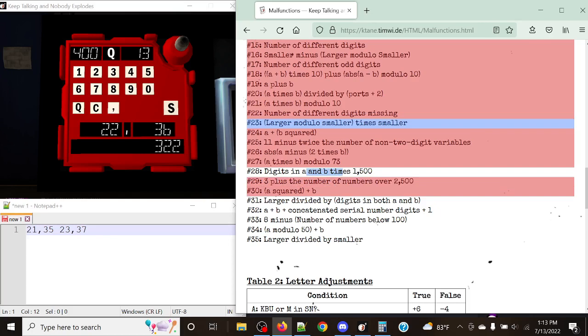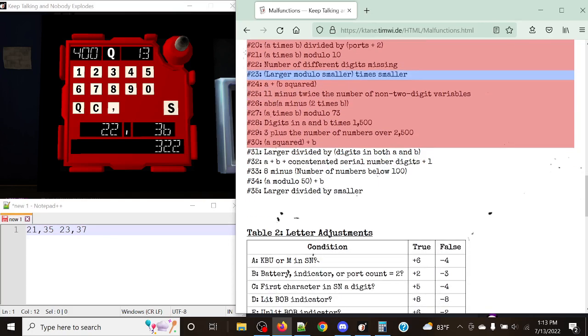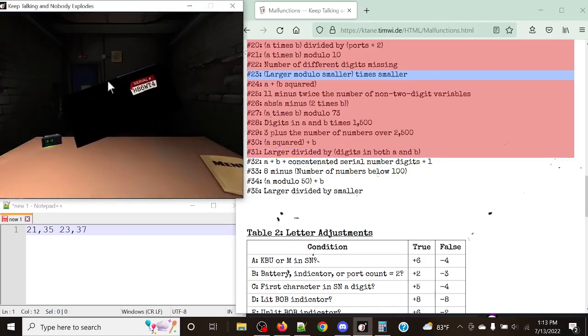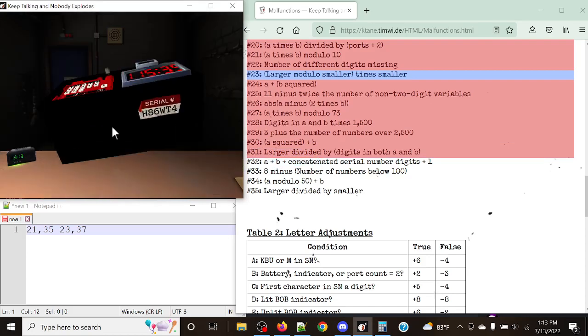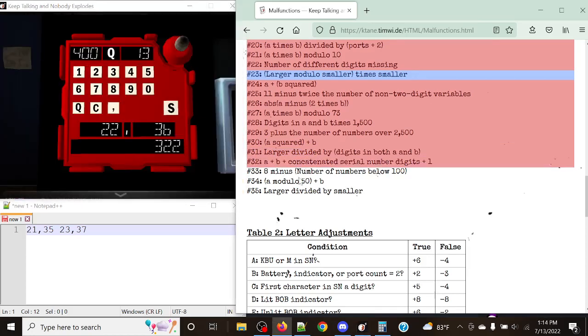Digits in a and b times, no, that's way too high. Larger divided by digits in both a and b, nope. A plus b concatenated serial numbers, 864, already too much. 8 minus number of numbers below 100, nope. A modulo 50 plus b, larger divided by smaller. Yes, this one is very apparent that this is going to be our answer here.